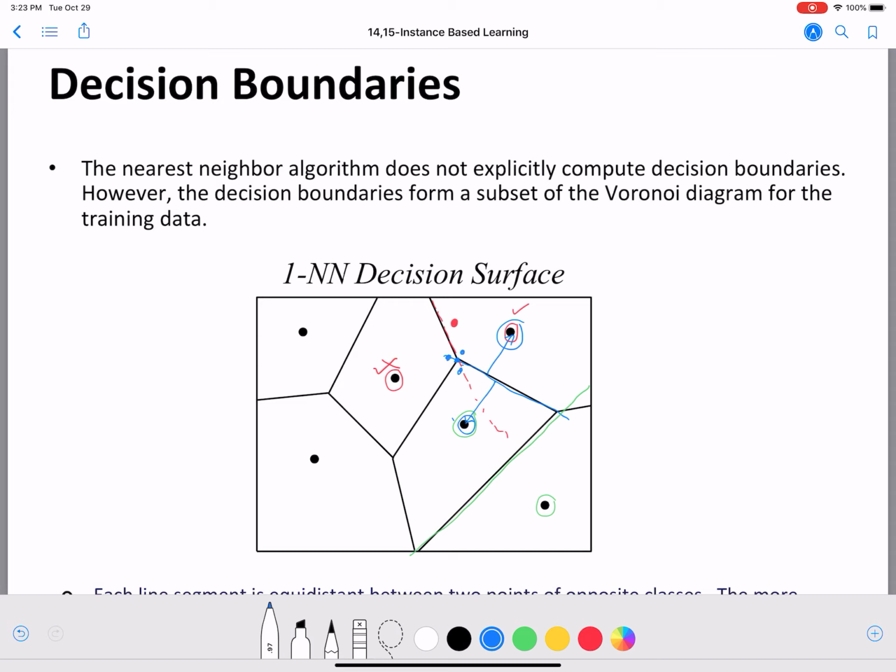This decision surface is called a Voronoi decision surface, and the classification follows this decision surface intrinsically. So just to understand how the decisions are made, we want to understand this boundary and how it is constructed.